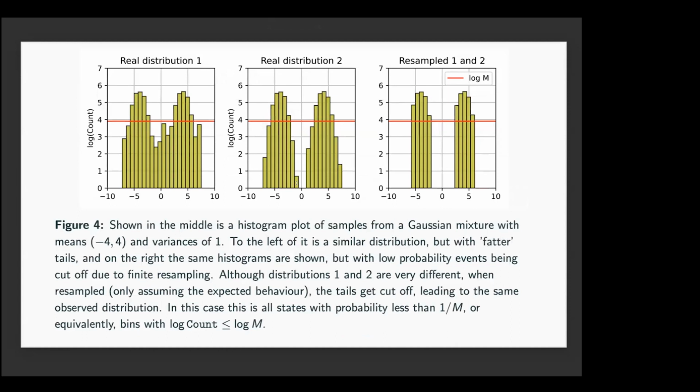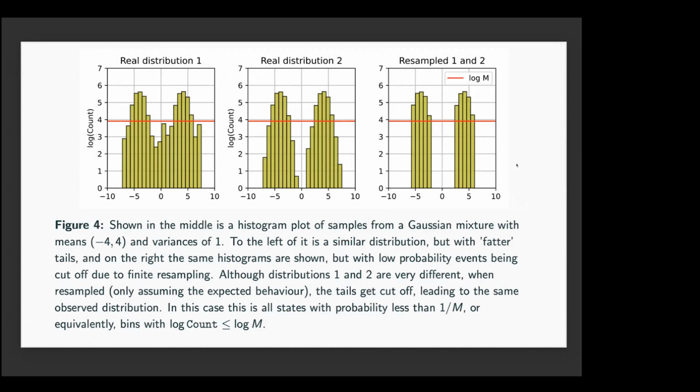Just to give you a very toy example here, imagine you have two different real distributions, but you do not sample them enough. So you sample them a very, very small number of times. Then in expectation, you don't really sample the tails. Your tails don't actually get represented. And so something that may look like real distribution 1 here and something that looks like real distribution 2, which are inherently very, very different, the model, after a single step, because of the sampling, will not be able to distinguish them.